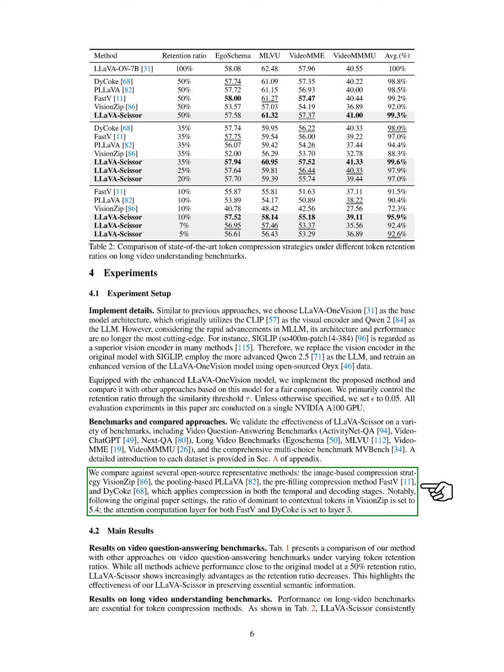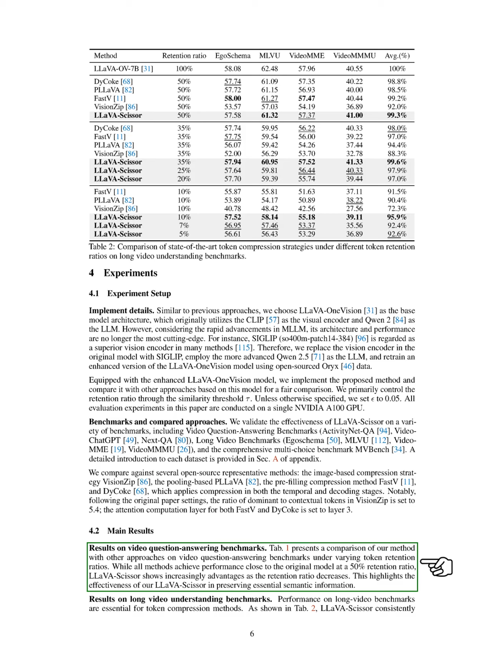We compare our method against several notable open-source methods, including VisionZip, PLLaVA, FastV, and DieCoke, with specific settings for token ratios and attention layers as per the original papers. In our results, we find that on video question answering benchmarks, while all methods perform similarly at a 50% retention ratio, LLaVA-Scissor shows increasing advantages as the retention ratio decreases, indicating its effectiveness in maintaining essential information.